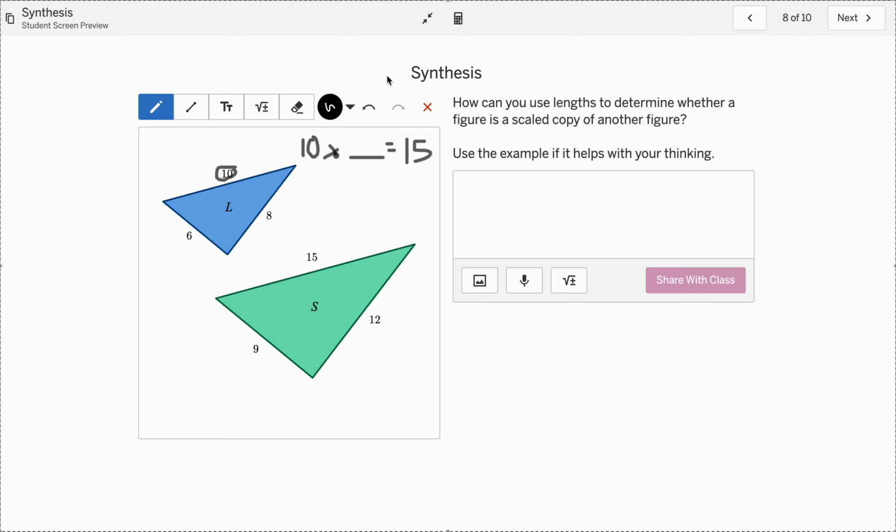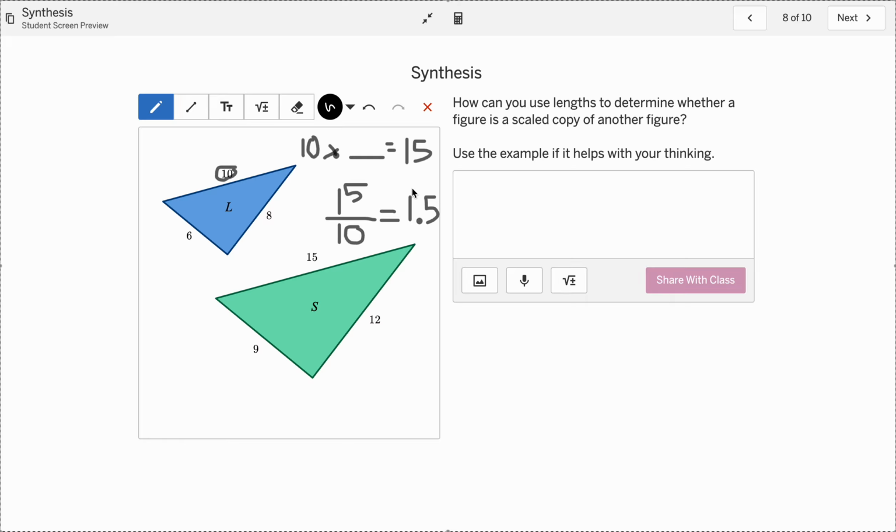So you can then do what On did at the very beginning, which was divide your two numbers and find essentially your unit rate. So if I'm dividing, I know that 10 goes into 15 1.5 times, right? So now we have our scale factor of 1.5.